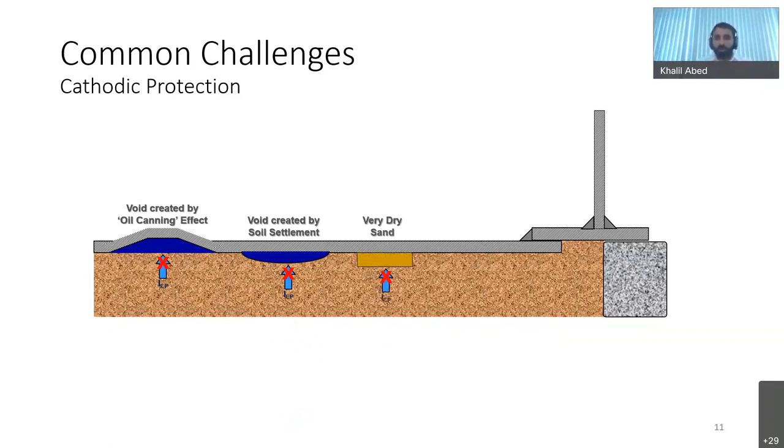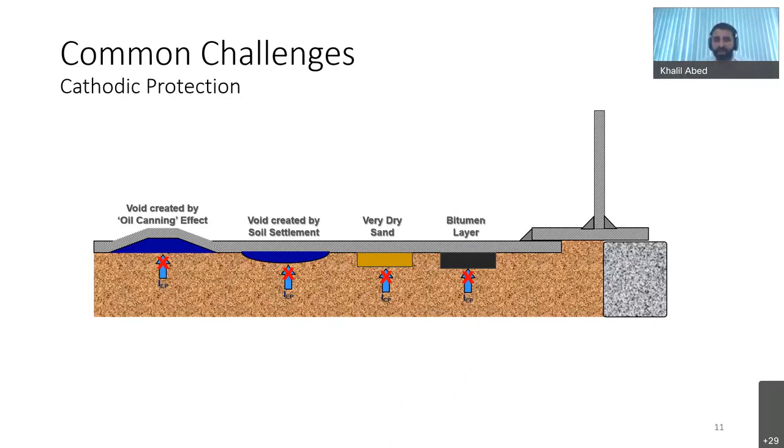Also, in case of using clean sand, the sand dries with time, and when it dries, it increases its resistivity and reduces the amount of current reaching the tank bottom plates to provide the required protection.